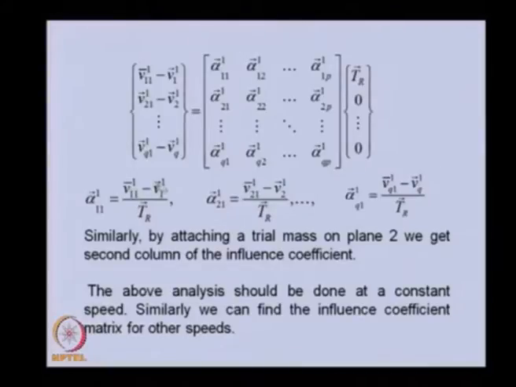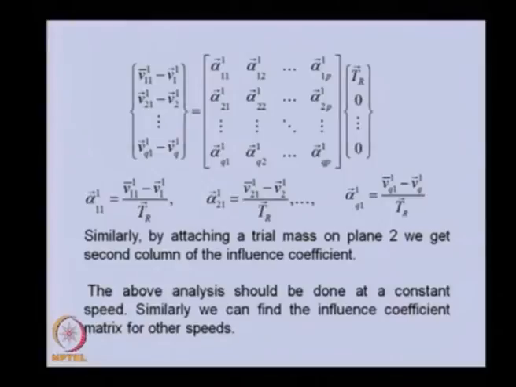Also, the trial mass, we know its magnitude and at what orientation we have kept it. So this influence coefficient can be obtained from the first equation. Similarly, this one can be obtained from the second equation. If we expand the second equation, most of the terms get cancelled, and only this remains, so we can get this influence coefficient.